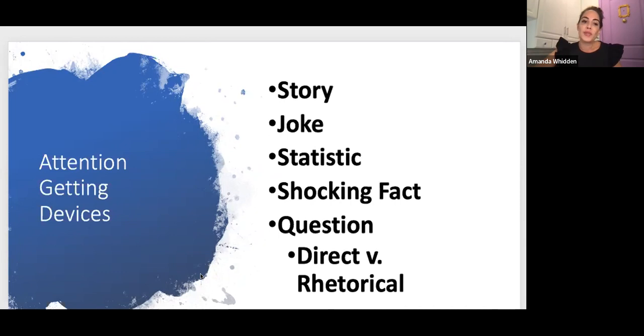The other thing that you can do is give a joke. A joke is always a great way to start a speech. However, if you don't tell a good joke, then do not do this one. And you also need to know that your joke is going to land. There is nothing worse than preparing and starting your speech with a joke that nobody is into, and then it's going to really deflate those feelings of confidence for you.